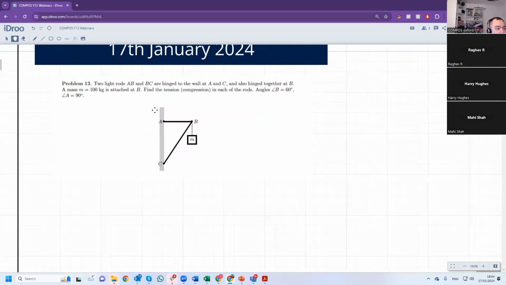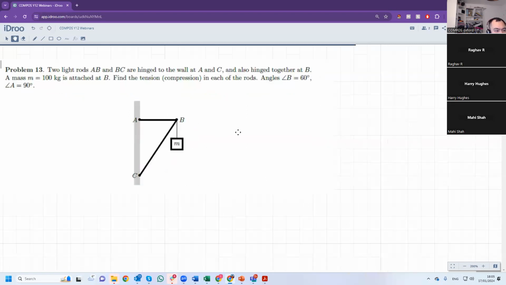Two light rods, AB and BC, are hinged to the wall at A and C, and also hinged together at B. A mass of 100 kilograms is attached to B. Find the tension in each of the rods. Well, you just need to draw the forces at B. There's mg, and there's the tension.